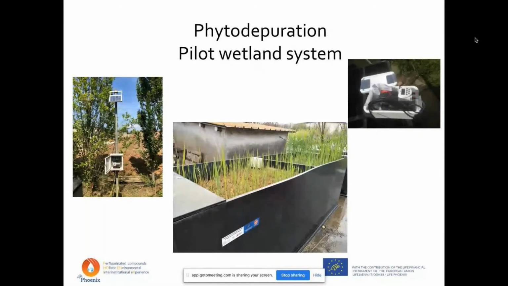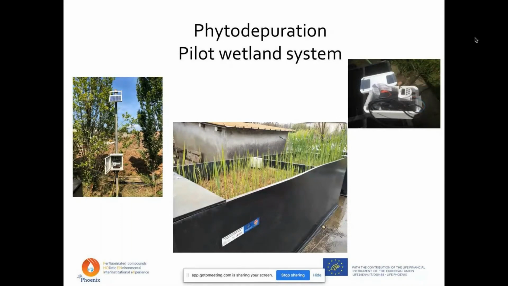And on the right side, you can see a timer, because the main problem was to recreate the natural situation of a wetland area. As you know, in a natural wetland area, the water normally flows in a constant way within the area.